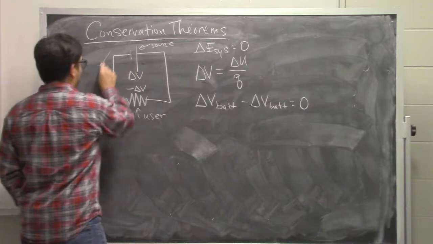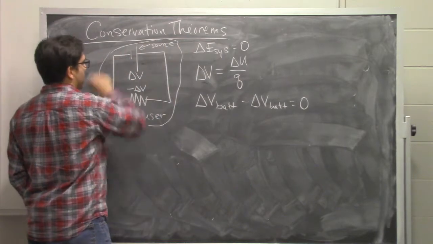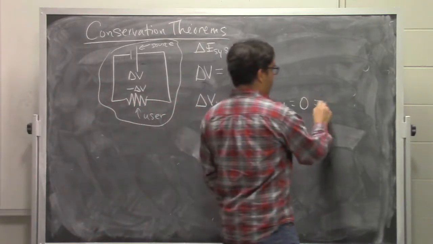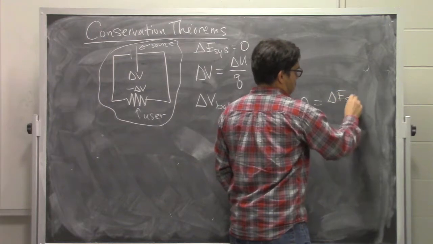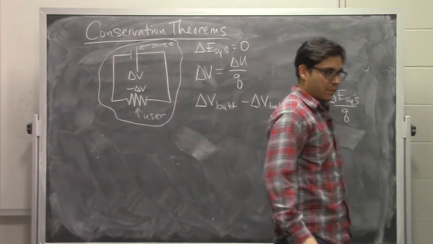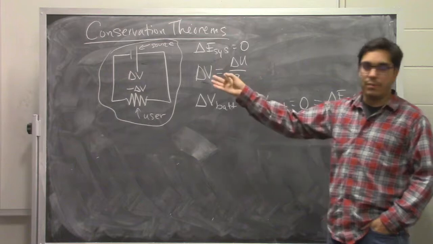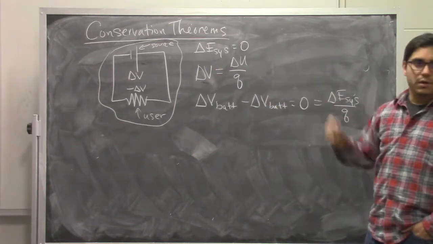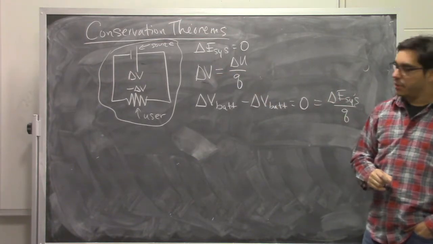So if we take the whole circuit to be a system, the total amount of energy per unit charge is conserved. Exactly how much energy per unit charge is provided by the battery is used to drive all of the charge through the circuit.